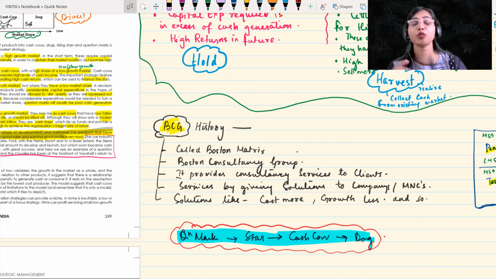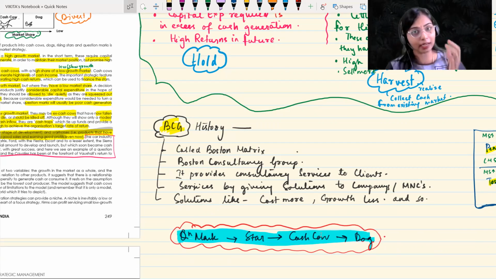The first one is a star. Second comes the question mark. Third is the cash cow. And the fourth is the dogs. These are beautiful words. They explain indirectly the characteristics of the product and where the product lies in the market share and the growth. Got it?